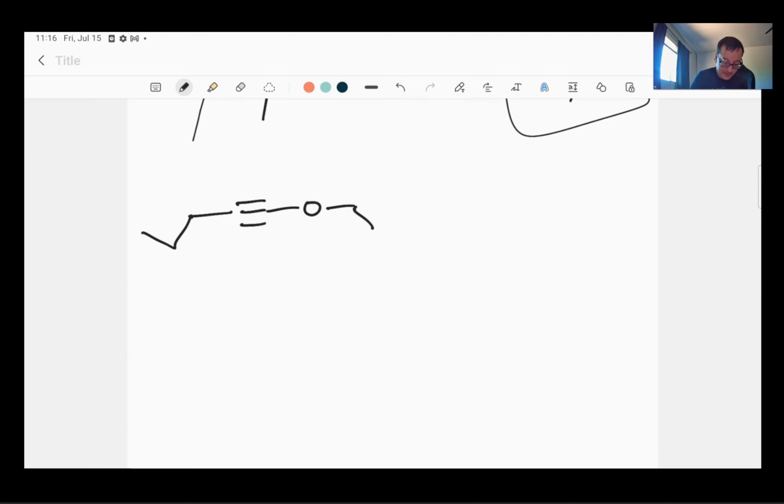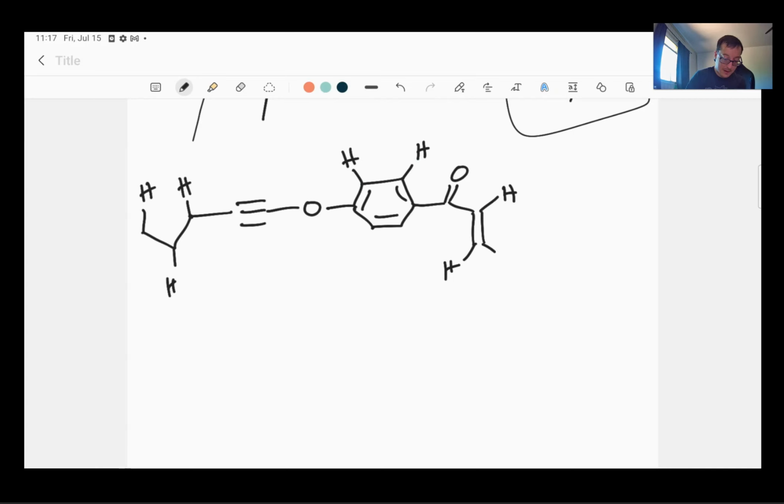We have our benzene. We have our ketone, and then the double bond. All right. I'm going to draw one of each of our hydrogens that are unique in this molecule, because we need to label them A through F. So, which one are we going to label as A?